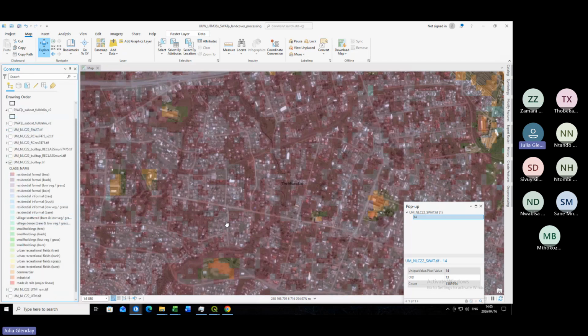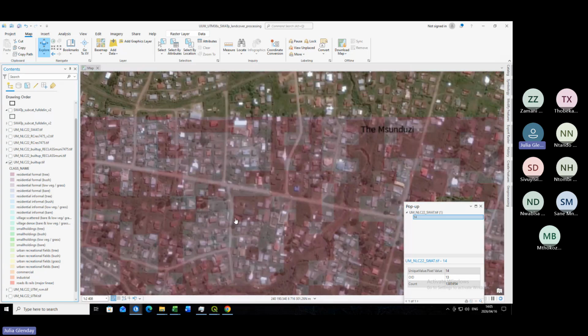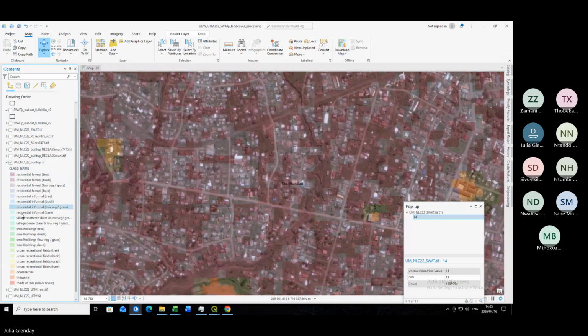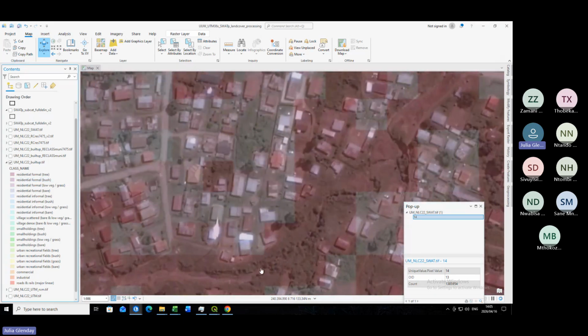So what you can see a bit is that these areas are this residential formal, mostly this low veg, and some are the bush and tree. So a lot of the treed area, the class that's mapped as residential formal tree, seem to be these riparian boundaries.